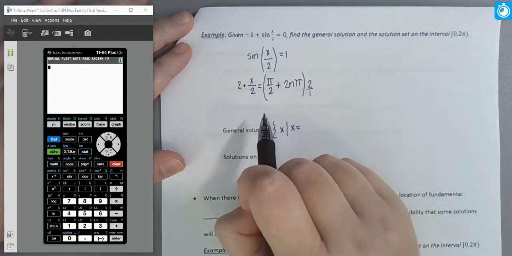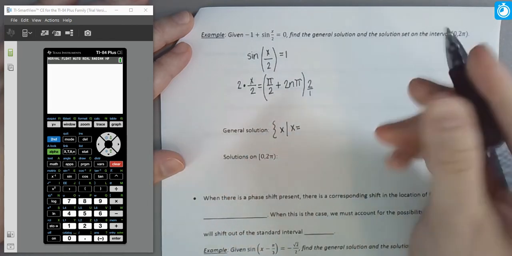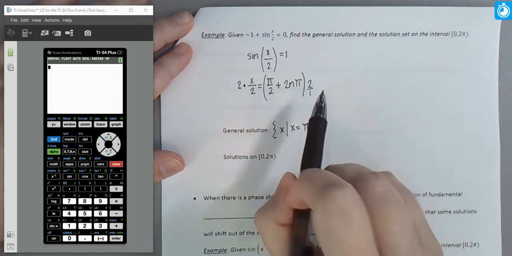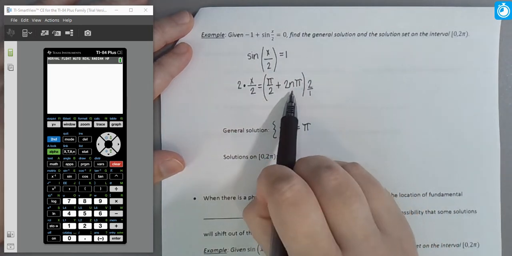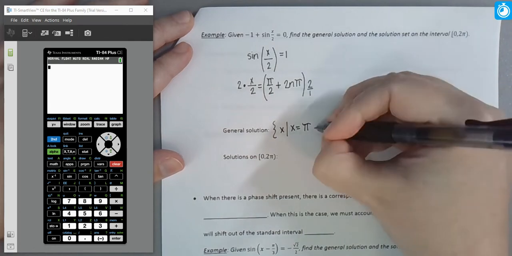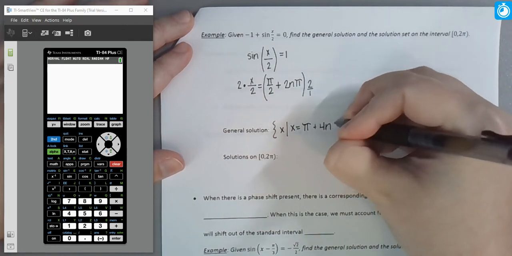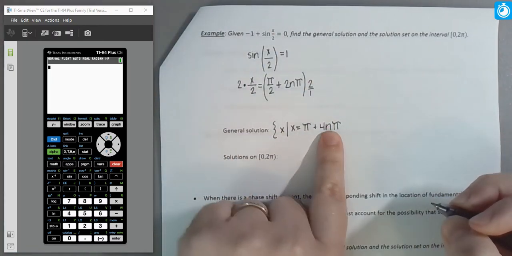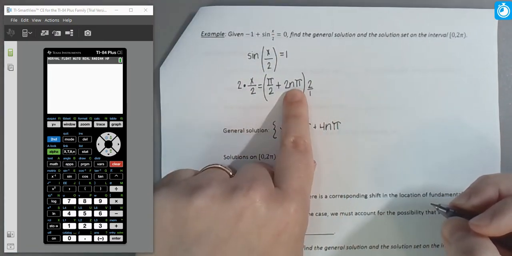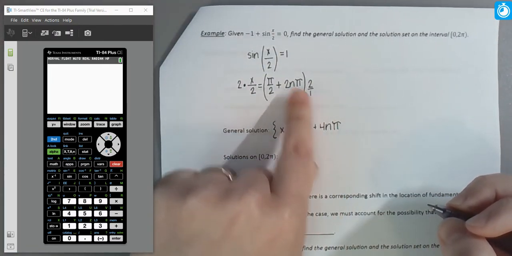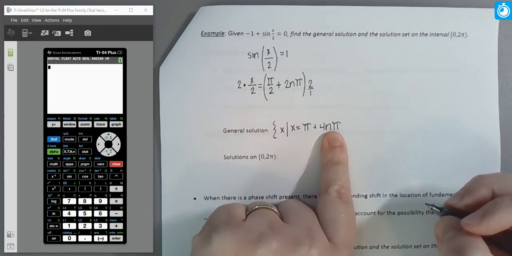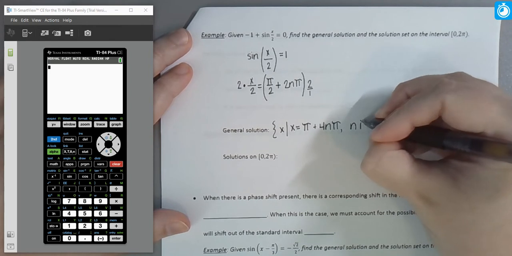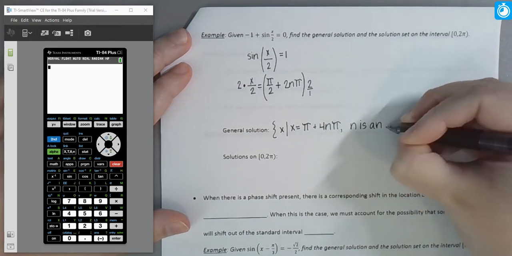The 2's are going to cancel, and so pi over 2 is just going to become pi. And then when we multiply our 2 by that rotational component, that's going to be 4n pi, which means a double rotation. If 2 pi is 1 full rotation around the unit circle, 4 pi radians is 2 full rotations. And again, n is an integer, any integer.